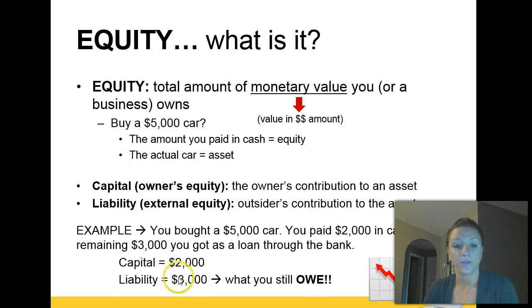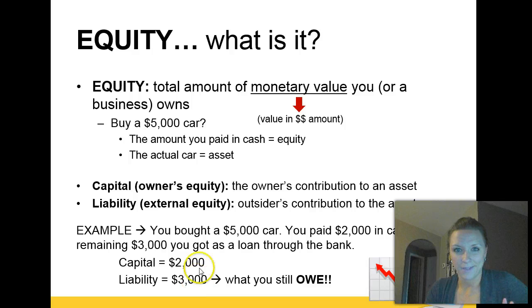The rest, say we took out $3,000 from a loan through the bank, that is our liability. That is what we still owe for the car. So the car is an asset to the business. We have an equity investment of $2,000 into it, and we still owe a liability of $3,000 on the car.